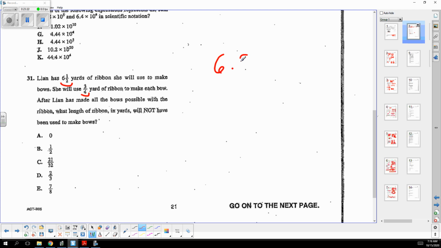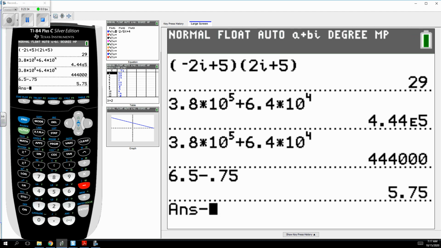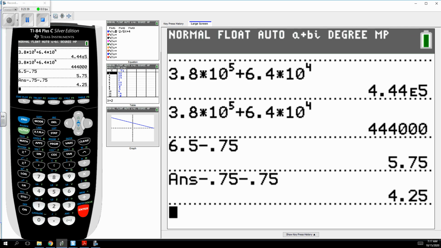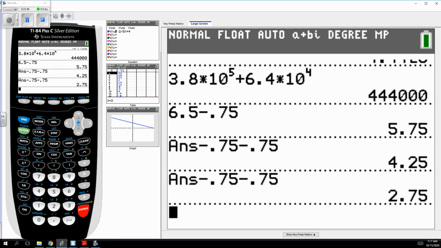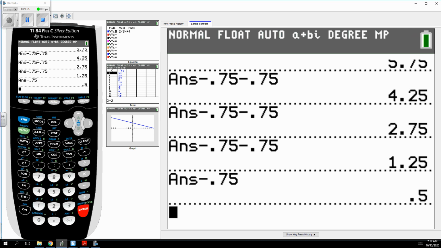The smartest person I ever knew subtracted 3/4 like crazy until you got under the number. That's you using the 3/4. Yay, here it goes. And the answer is 1/2.